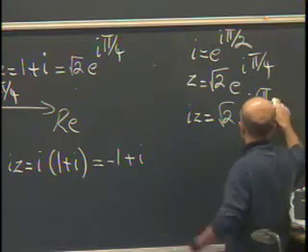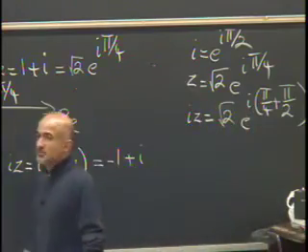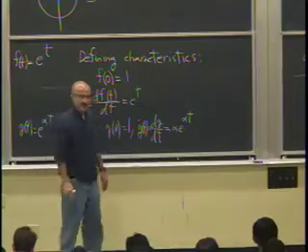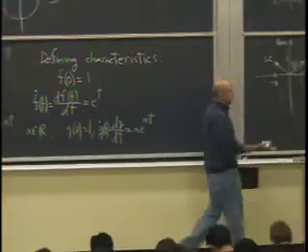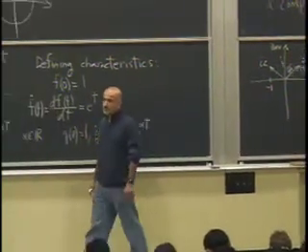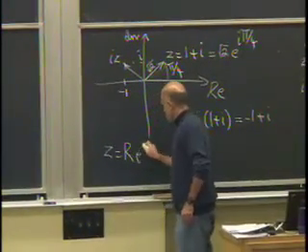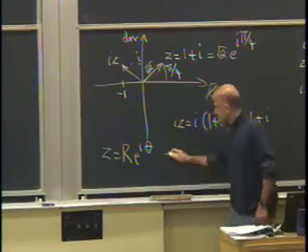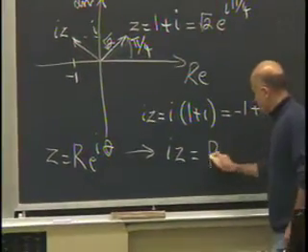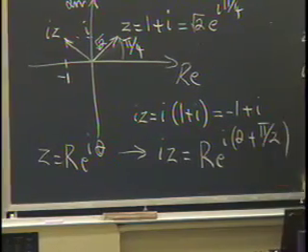You need to be a little louder, Faraz. So notice what happened to the angle. You added a pi over 2 to the angle. Every time you multiply a complex number by I, you simply rotate wherever it's sitting by pi over 2. And this is true for any z. So if z is equal to r e to the I theta, then Iz is r e to the I theta plus pi over 2.